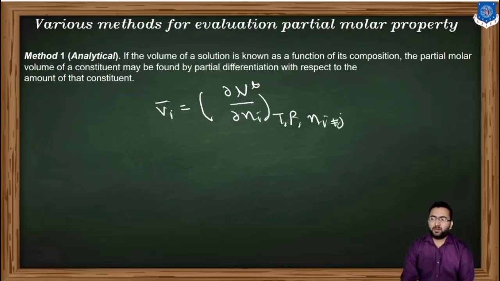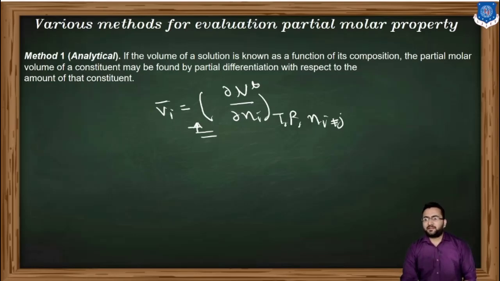So partial molar property can be given analytically using this equation. We studied this equation and its fundamentals in various previous lectures. This is how we can calculate the partial molar volume or any partial molar property.